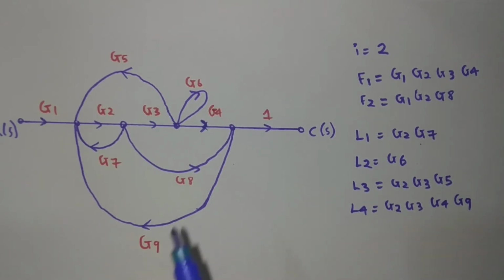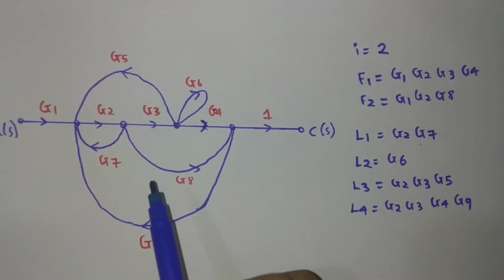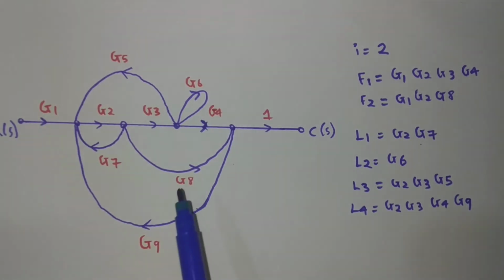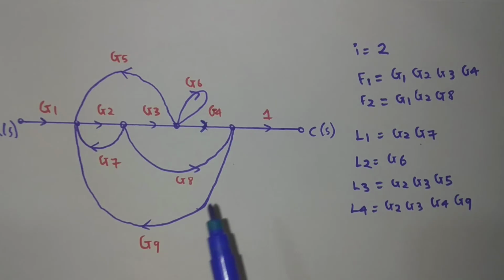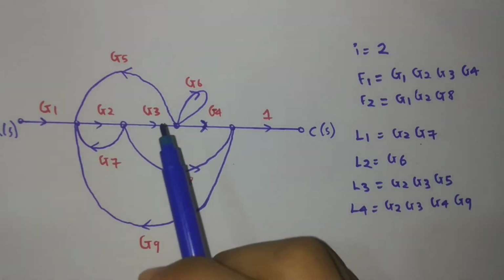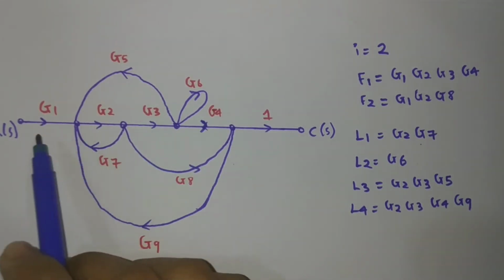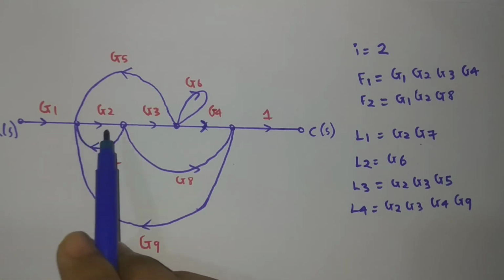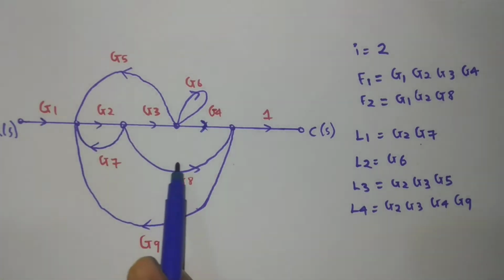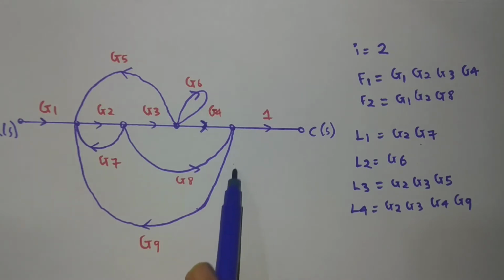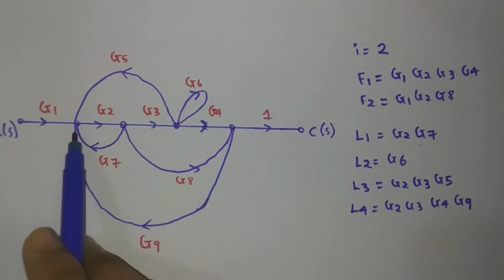Now if you observe carefully, if you want, you may pause the video. There is one more loop which is a very tricky one. To find it, you have to observe carefully. Now look, here G1, G2, this G8 is going here and then again this is going here, G9.